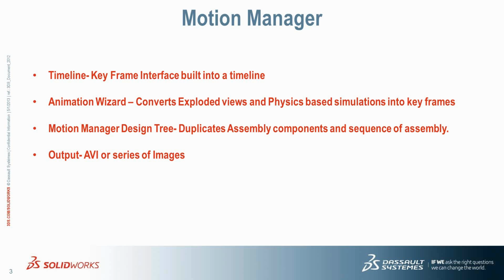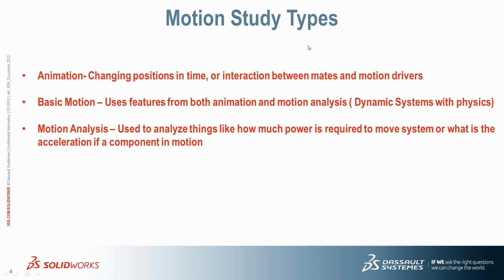We're going to spend a lot of time talking about the Motion Manager design tree, very much like the SolidWorks FeatureManager design tree. It's everything related to the motion and the animations that we're creating, including the assembly components and the sequence of the assembly. And then we're going to talk about the outputs, the ability to create AVIs or a series of images upon the output.